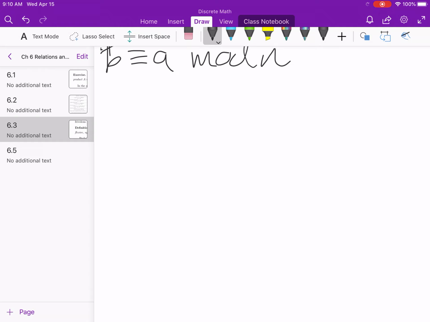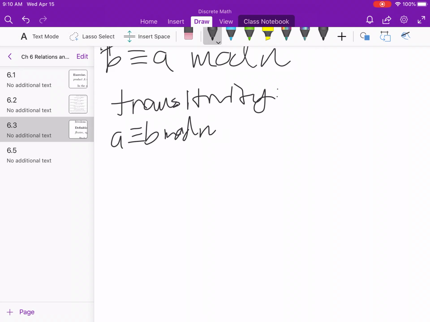Now for transitivity. This is where if A is equivalent to B and B is equivalent to C, then A is equivalent to C. So first, notice the way that that's set up: we'll say A is equivalent to B, and we'll say B is equivalent to C mod n.